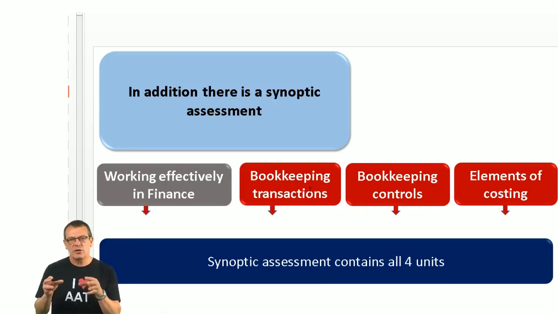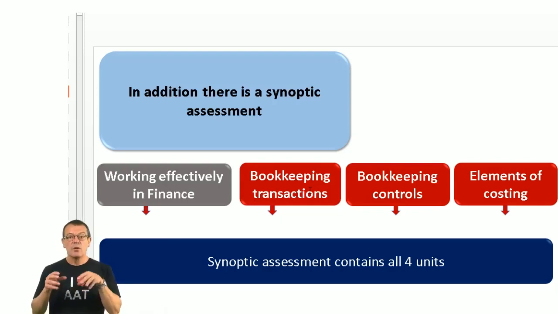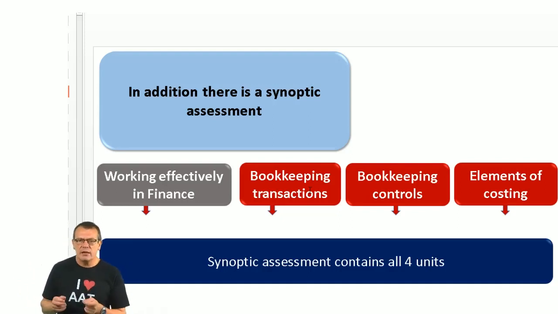And those are the things that you establish under the first 2 units of bookkeeping transactions and bookkeeping controls. You will know what the sales daybook is. You will know what VAT is, and you will be able to post those to the relevant accounts and the relevant sales ledger or purchase ledger. You will be able to deal with control accounts that you will be taught within those units. You'll understand elements of payroll. So all that knowledge you're taking forward, and that would go in the accounting software, which is why it should be the last unit.